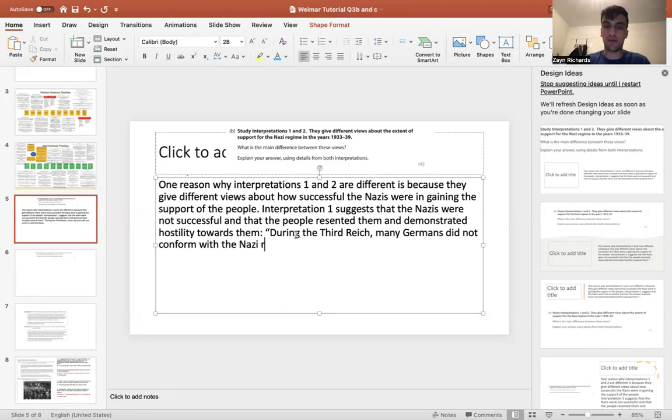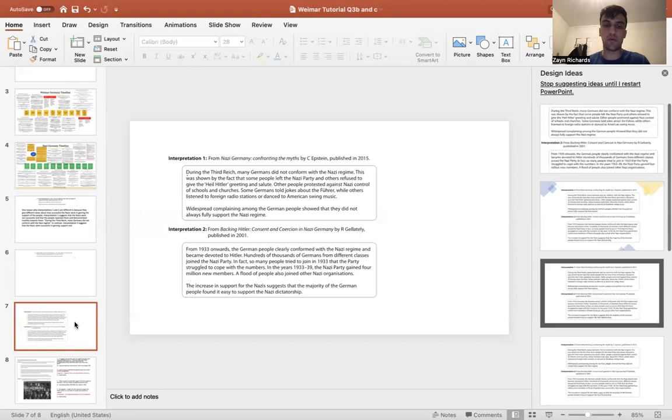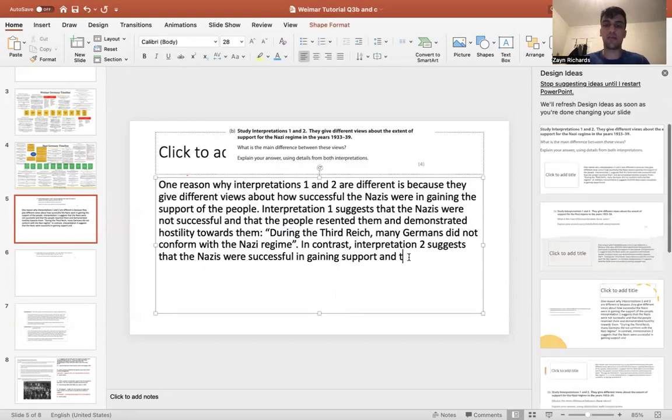Okay, and then you want to use a connective. You say, in contrast, interpretation 2 suggests that the Nazis were successful in gaining support, and that people across society liked them.